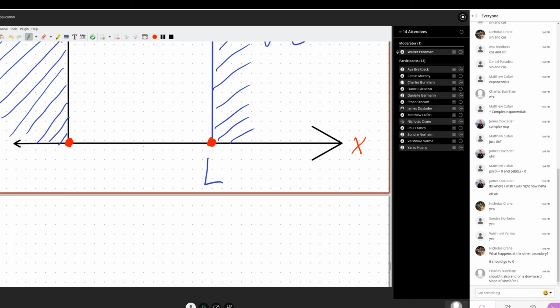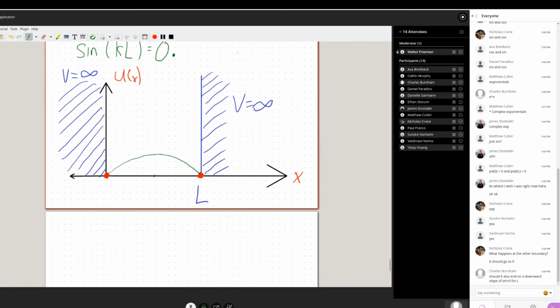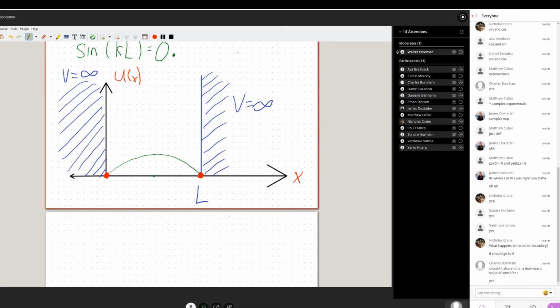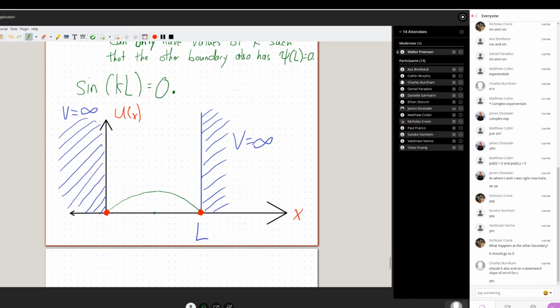Let's draw the pictures first. Charles, I know you have seen this before with me twice because you took both physics of music and Physics 307.